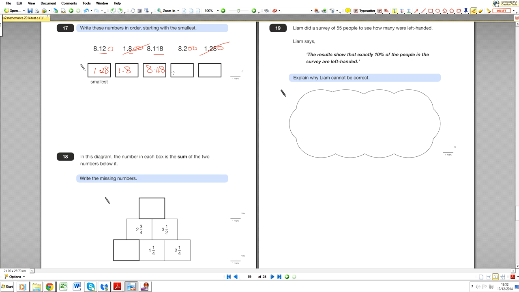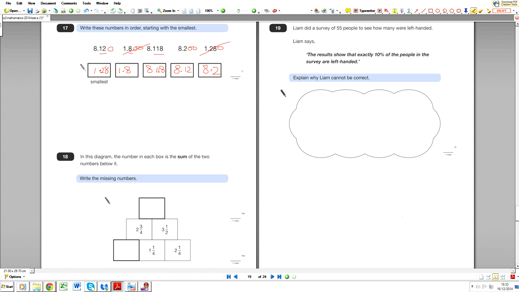And the next one is 8.12. And the last but not least is 8.2. Excellent. Well done.